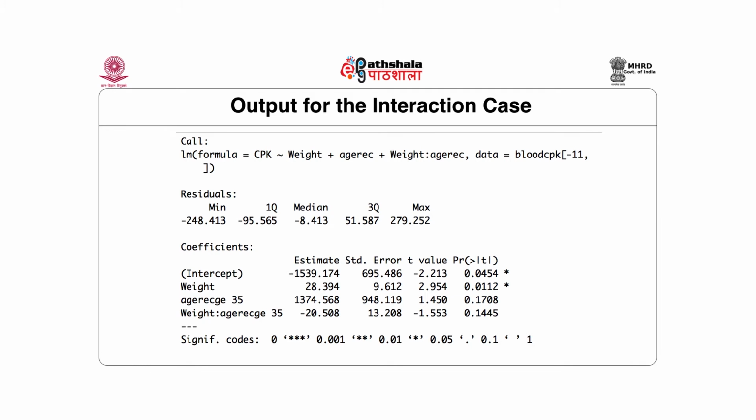So here, R is telling us that the age band was converted into a variable with 0 as the reference category, and the other category is the one for which it gives you a beta. Age recoded at 35 years and above is what we are going to find the beta for.